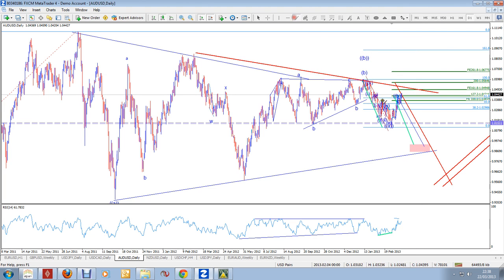So that's a possibility. So really this is why the market is quite mixed at the moment and not very clear. But if Aussie dollar breaks above this potential falling trend line, then I think we are in a new uptrend move and we will be moving up quite strongly and sustainably.